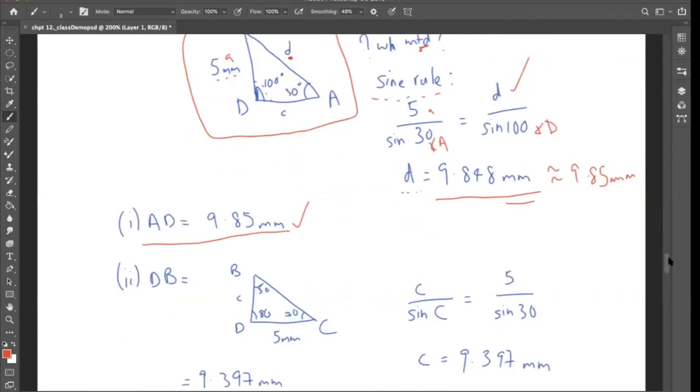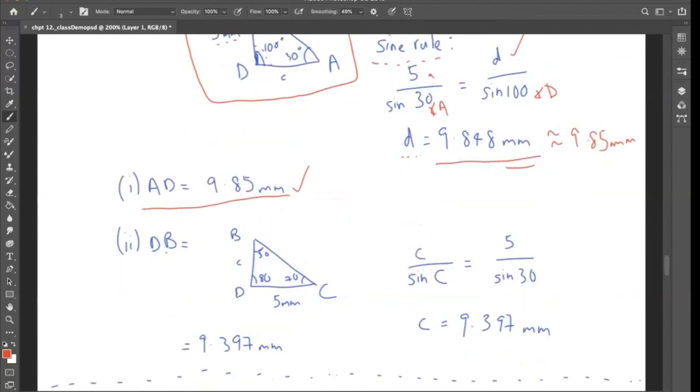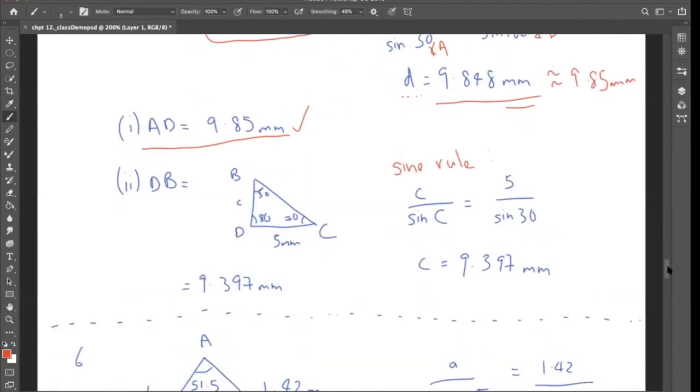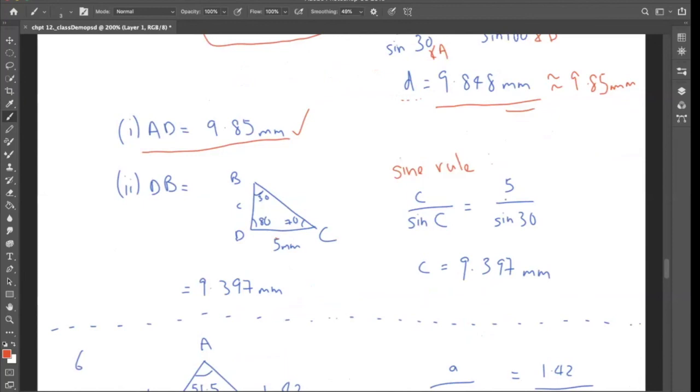So the next part is we have to solve for DB, right? D and B, let's denote by small letter c. With all the angles that are given to us, I can use the sine rule once again. So c over sine C, and then you have b over sine B. So angle C is 70 degrees.